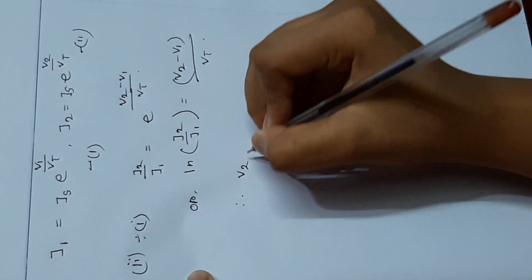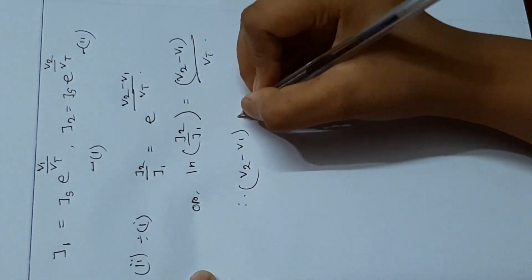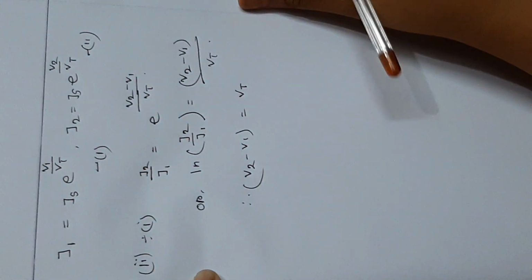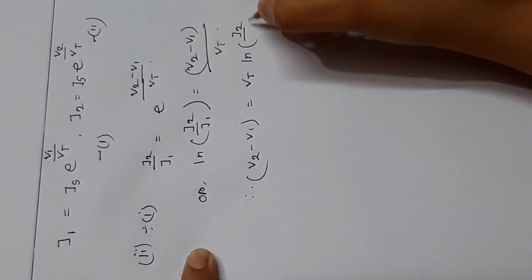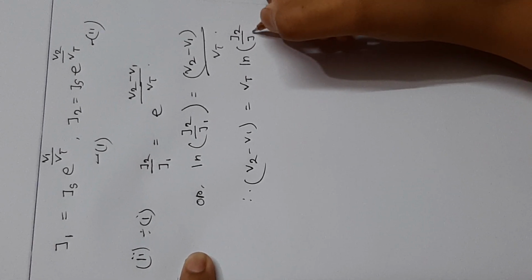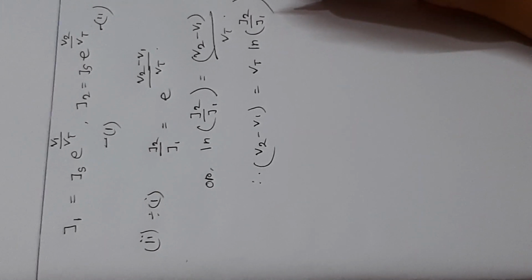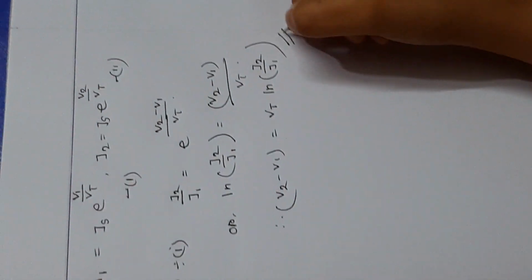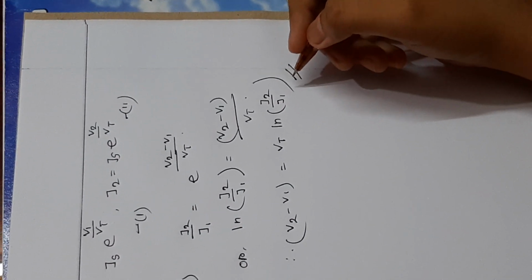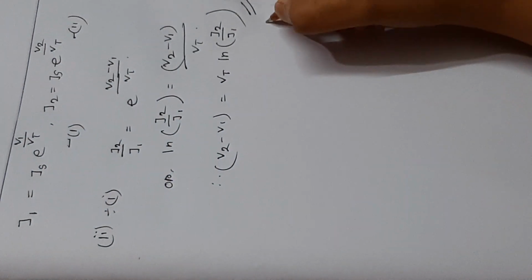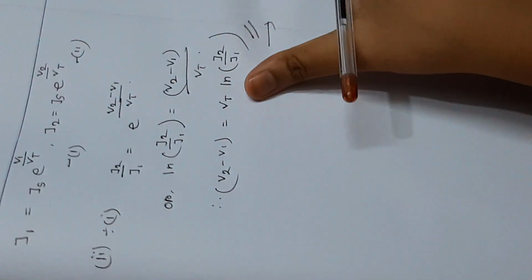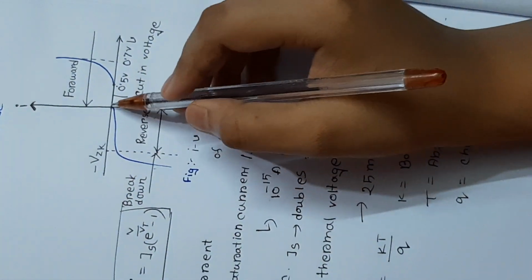So V2 minus V1 is equal to Vt times ln(I2 by I1). This is another equation, and this comes to the end of the forward bias region.